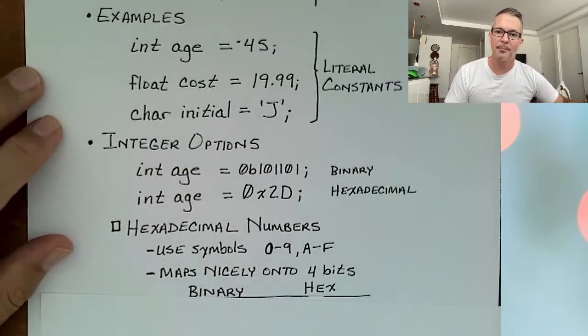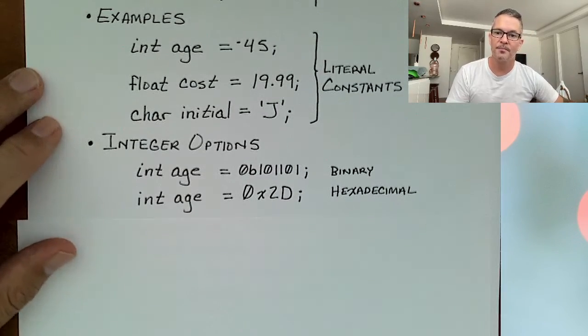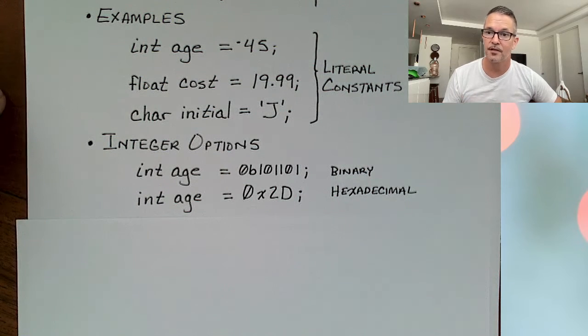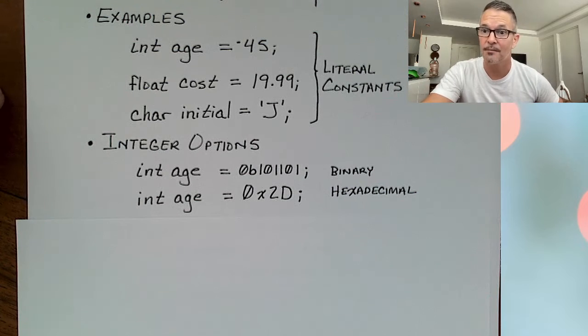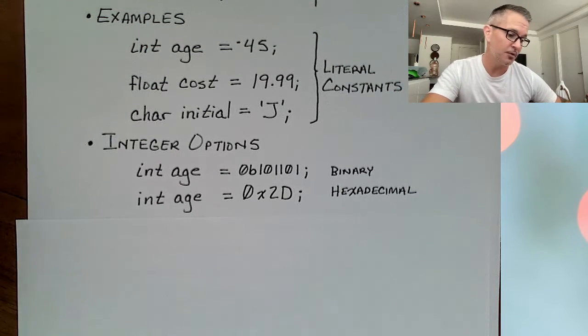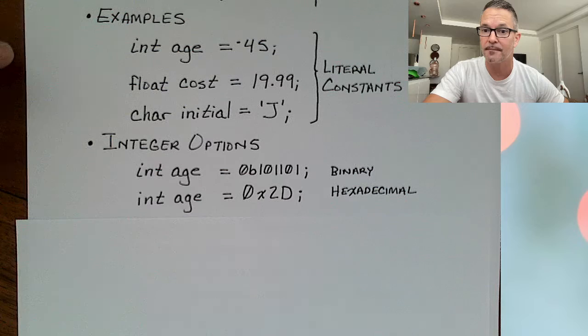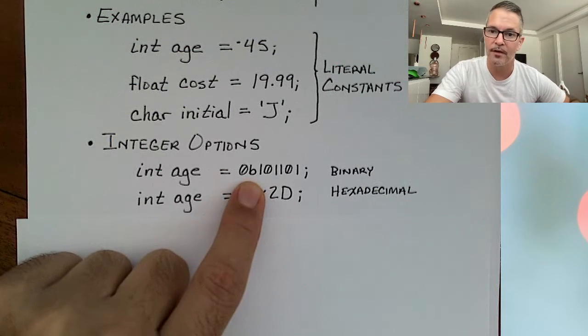Now, we have some options on how we specify integers as variables. This can be useful in programs sometimes. Rather than specifying a value as a decimal value in the base 10 number system, sometimes you want to specify a value as binary. And here's an example of how you do that.